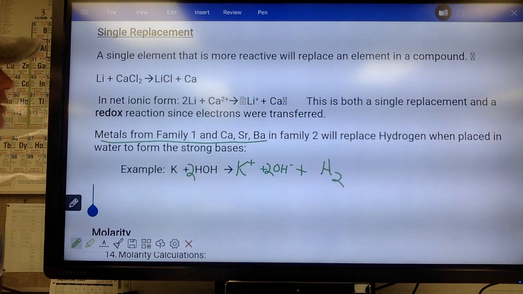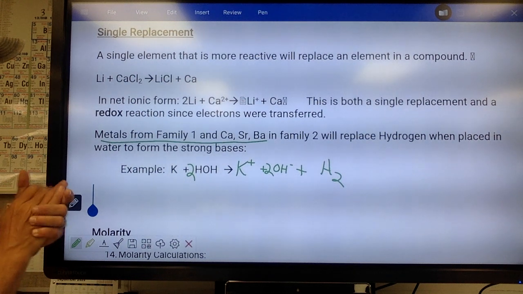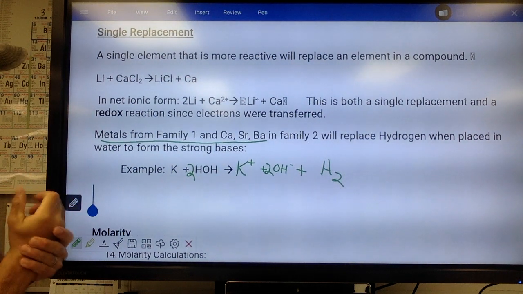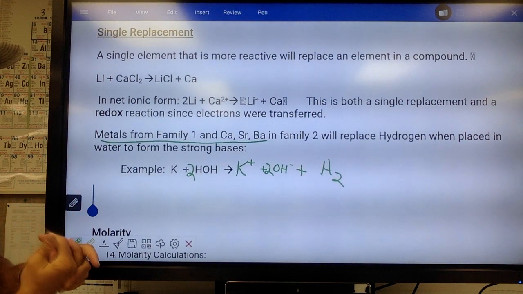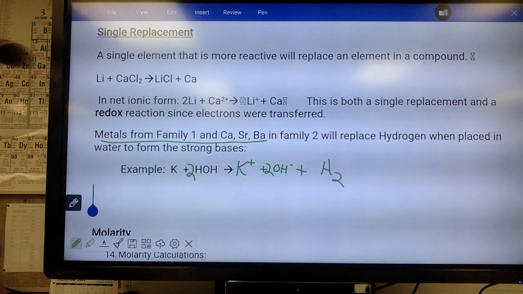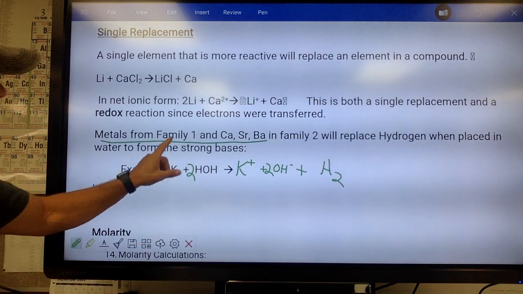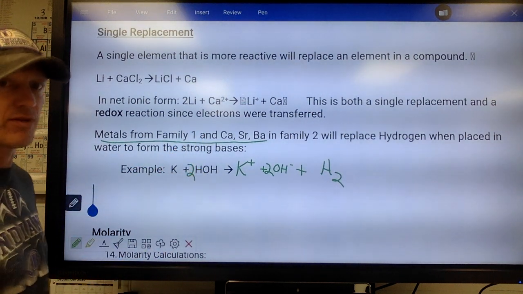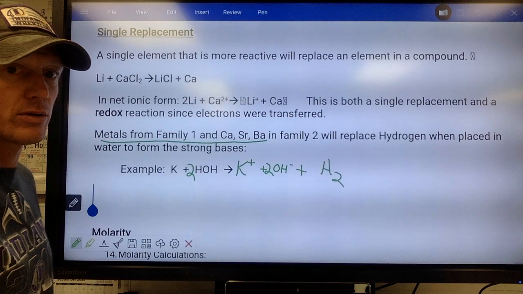Maybe we did not need that. If we look now at our overall reaction, remember it's only family 1s that do that, just so you know.